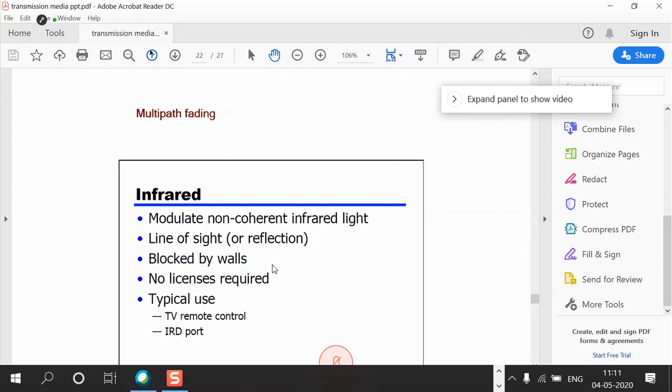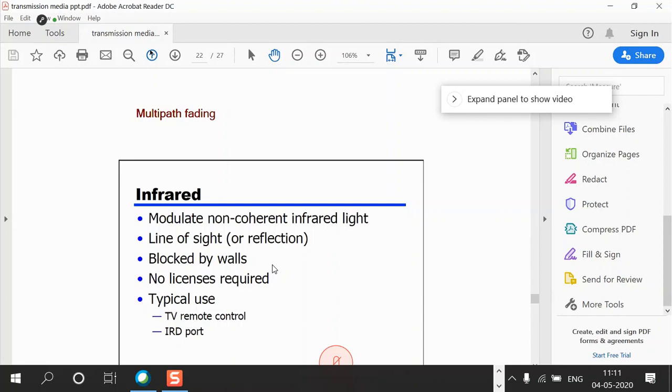You would know this line of sight because when you have to change the channel, you necessarily have to pick up the remote in your hand and point it towards the TV. Why? Infrared needs line of sight. They should see each other for communication. It cannot pass through any objects in between. It's very cheap, easy to build, but the problem is directional. Again, no license is required.